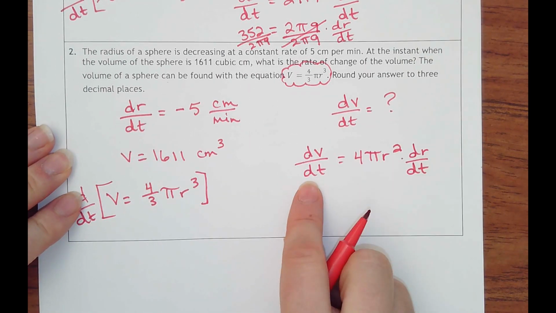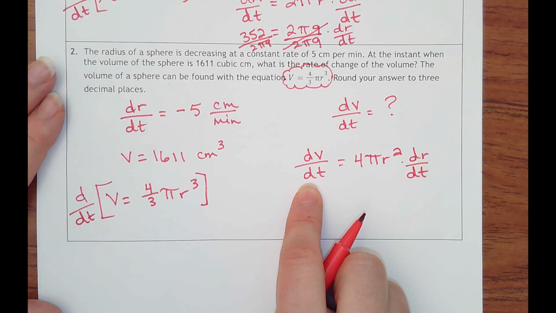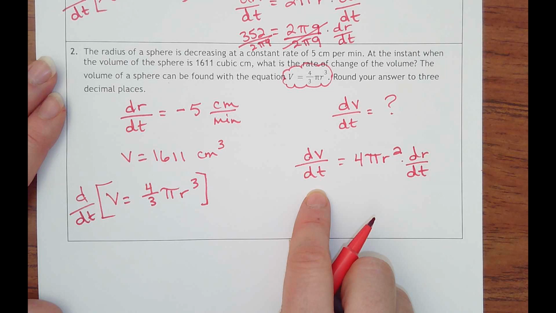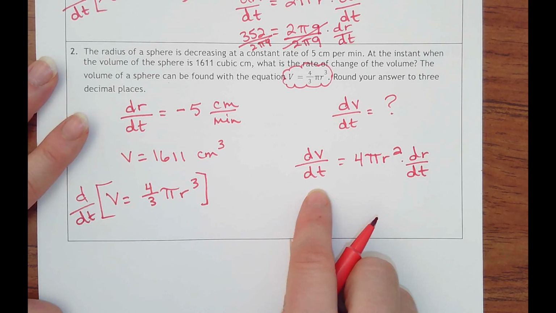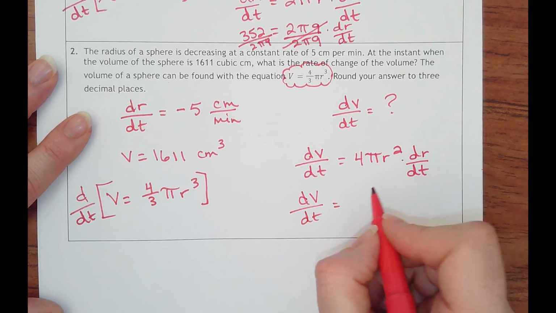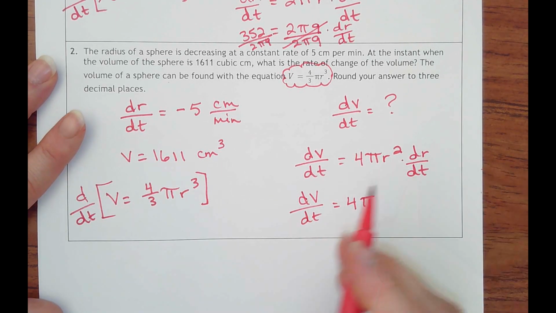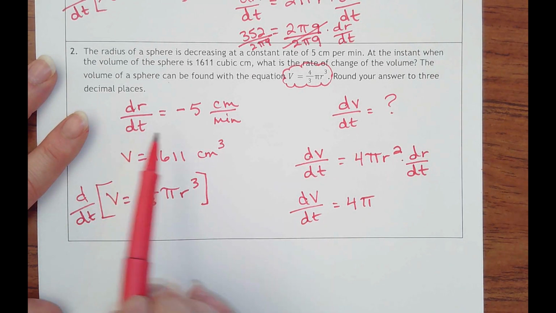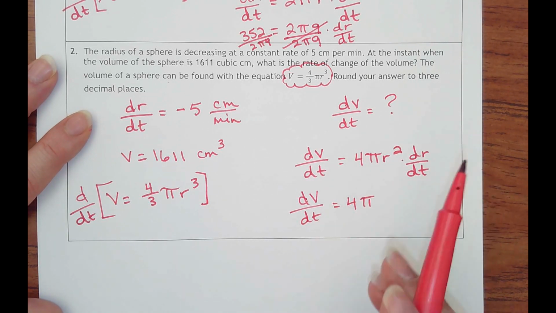Okay, do I have a dV to dt? No. That's what I'm trying to find. Do I have a radius? I have how dr is changing to time, that's going to go here, but I don't have a radius.